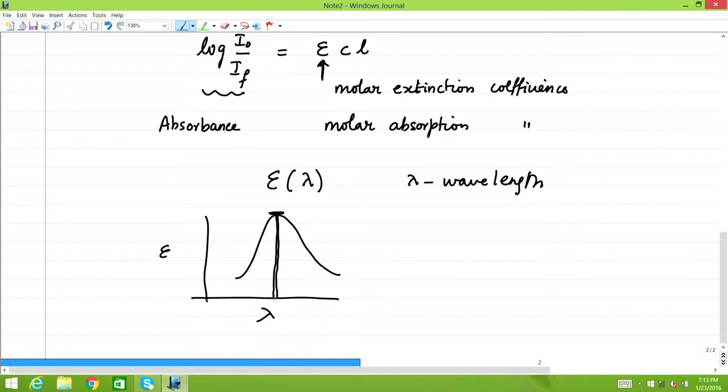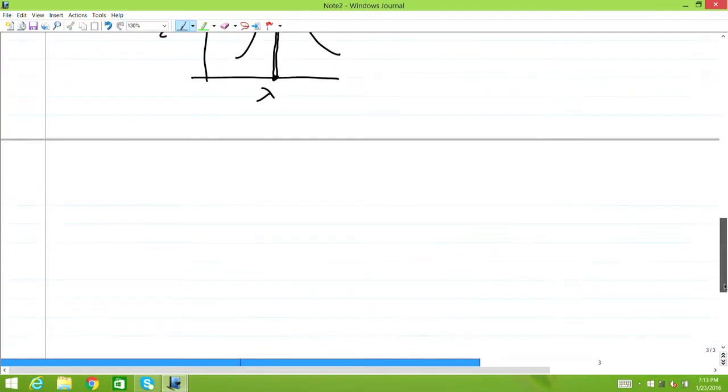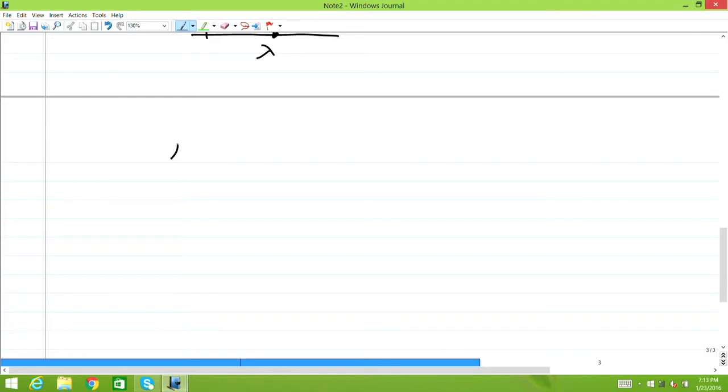You choose that lambda and perform this experiment, and these are tabulated in all electronic spectra textbooks and also in analytical chemistry textbooks. Now, how do we get this law?